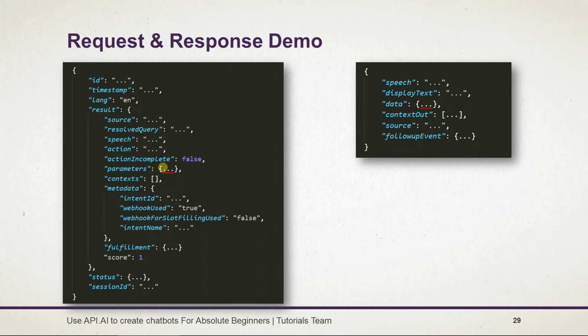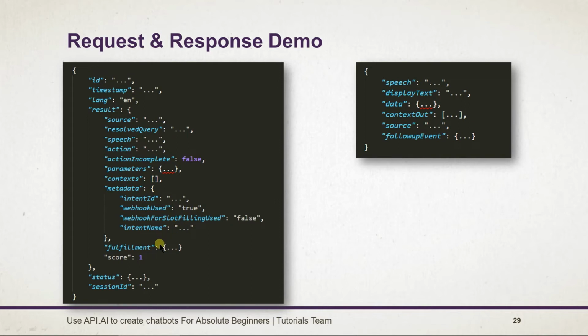Parameters contains all of the entities or parameters that are passed from the intent. Context contains the data that is stored in the context of the intent. We will learn more about context in a later session. Metadata contains the details about the intent from which the request is sent.